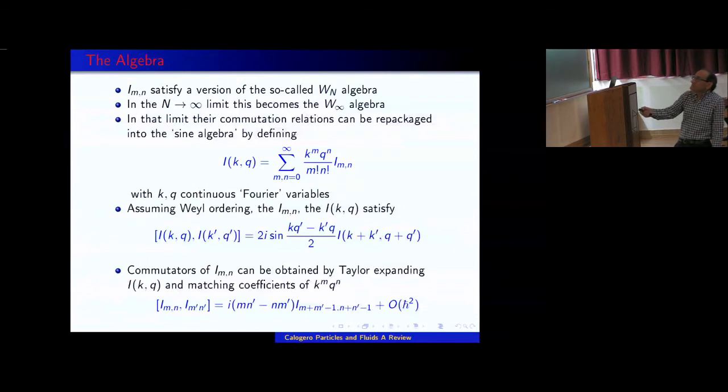The corresponding commutation relations of these I's has this form plus corrections, and I have put h bar to 0. These corrections mean simply lower order terms in these indices m and n, and you may recognize this as the W infinity algebra if you have seen that before.